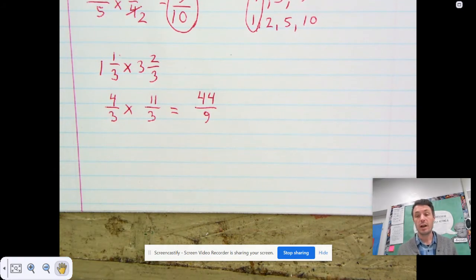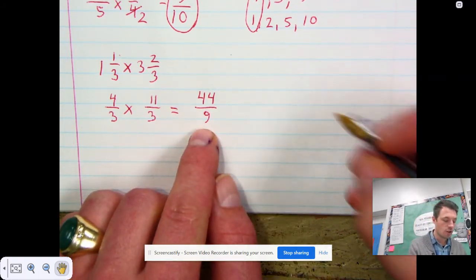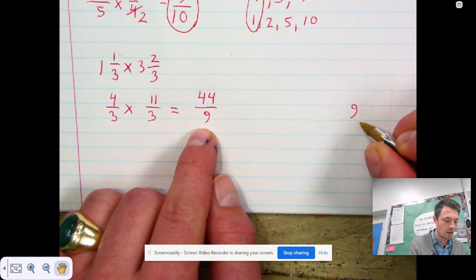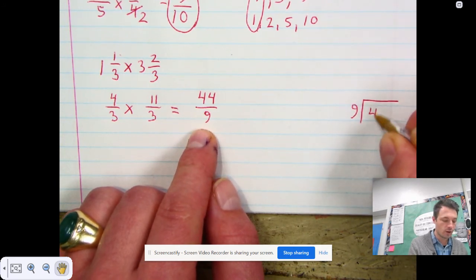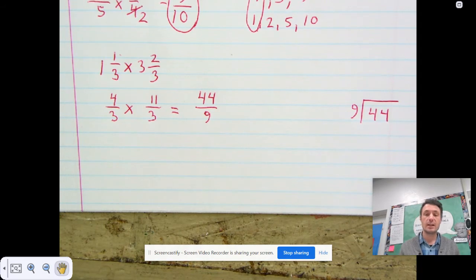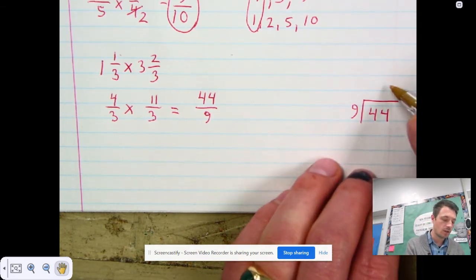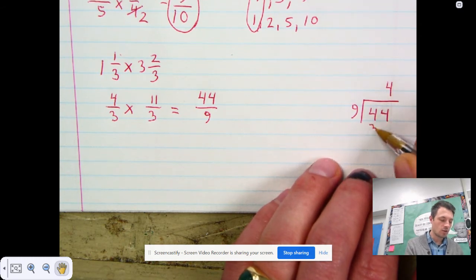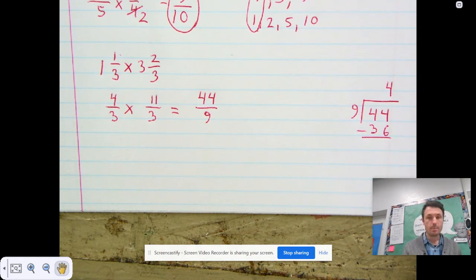And 44/9 is an improper fraction, so we have to change it into a mixed number by dividing the denominator 9 into the numerator 44. Now 9 can only fit into 44 4 times, since 9 times 5 is 45, and that's too big. 4 times 9 is 36. Now we have 44 minus 36.